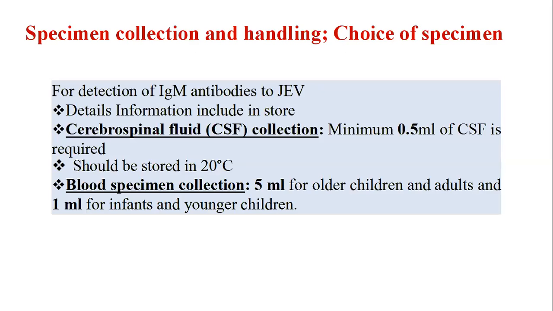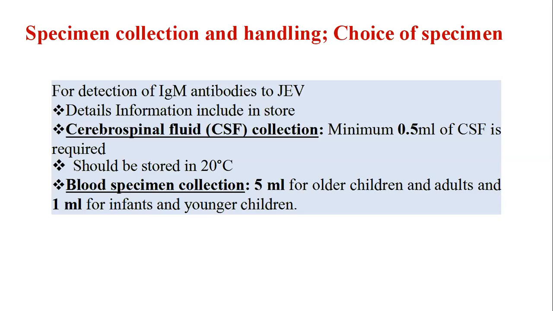So to go for diagnosis, sample collection, handling, and choice of specimen are very important. For the detection of antibodies, mostly IgM antibodies for Japanese encephalitis virus, detailed information should be there in store.